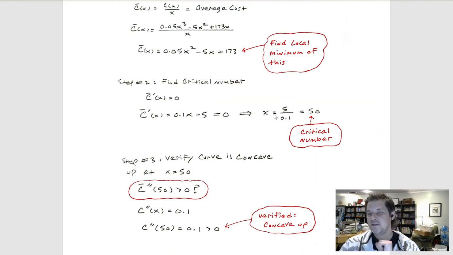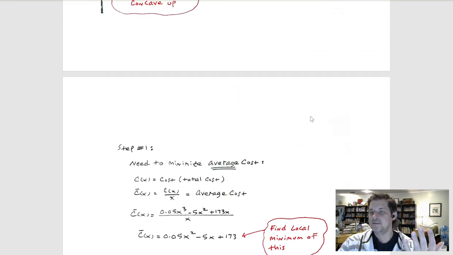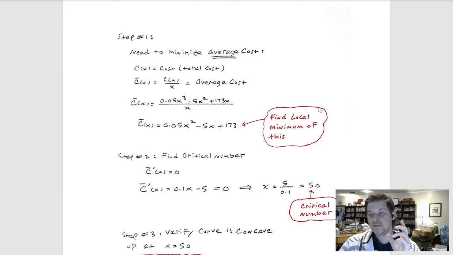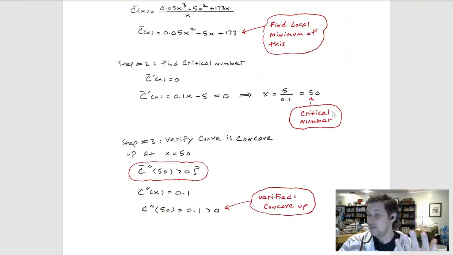Just because I found that doesn't mean that that is where there's a local minimum on the curve. Whether that point is a local minimum or not depends on this: the curve also has to be concave up. So I've got the critical number. This may be where the answer is, but I don't know until I verify that the curve is concave up at 50.